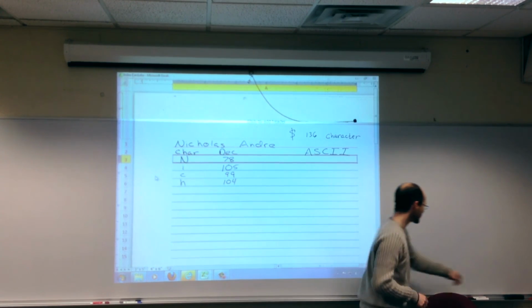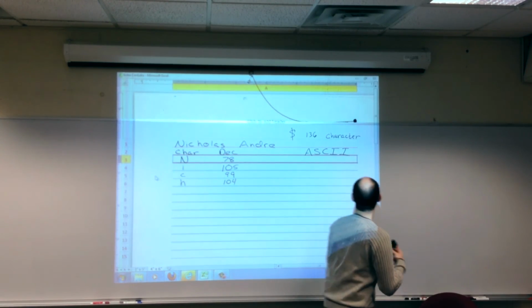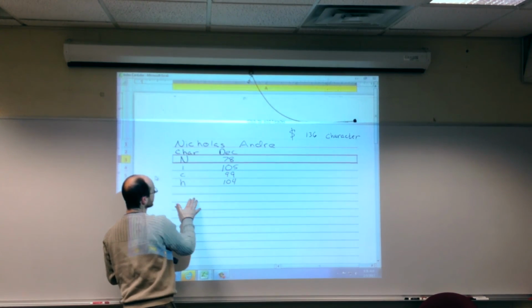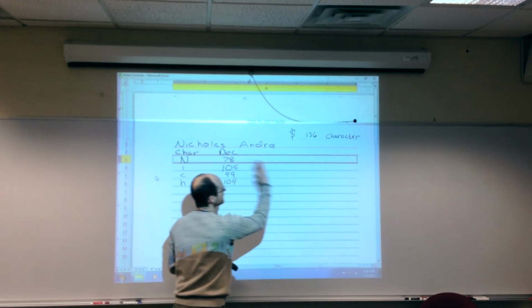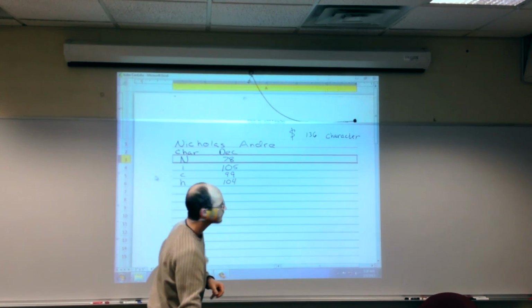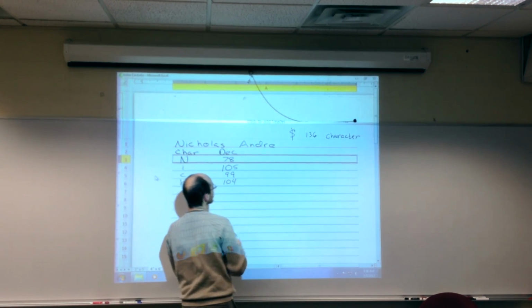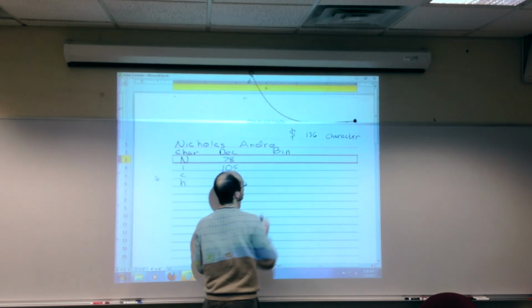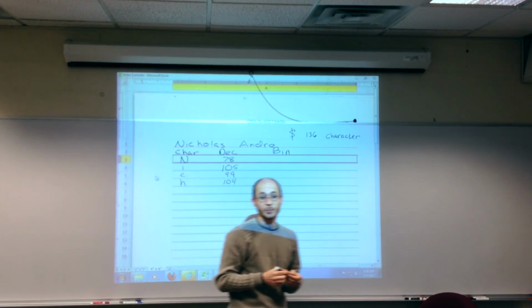So, here we are. We need to take it to the next level. We need to be able to take what we entered in our keyboard and display it as data. So let's go back on the second row and type in bin. Bin's short for binary.